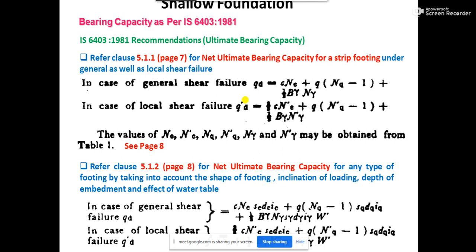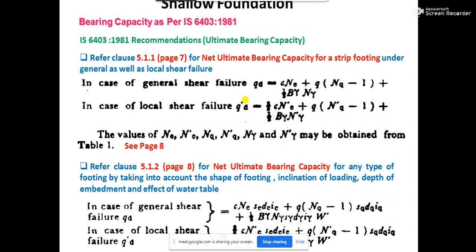So you need to multiply each and every term. That means what you are actually doing is multiplying the dimensionless numbers Nc, Nq, N gamma, which are the bearing capacity factors, with a factor which you can easily get from some experimentally proven formula. So for different shapes of footing you introduce one factor called Sc, Sq, S gamma.